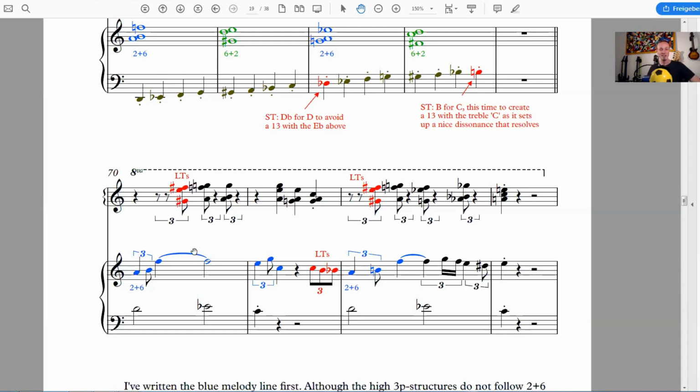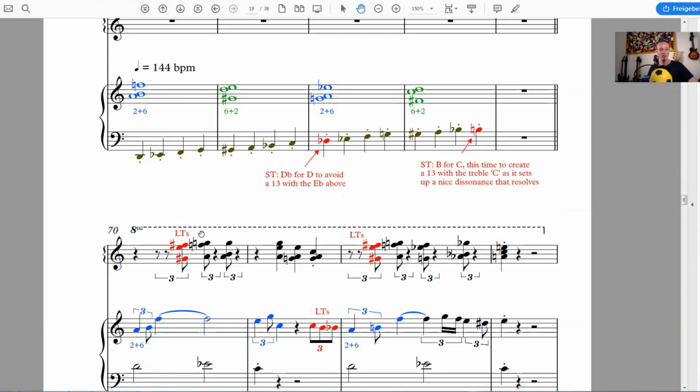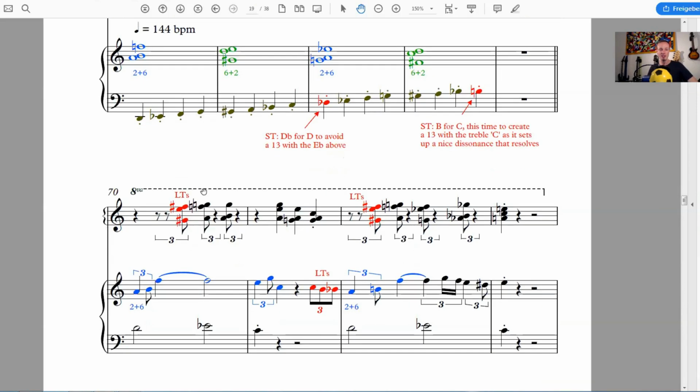So, that being said, let me talk about these structures here above. Those are not really 2 plus 6 or 6 plus 2 structures, but the funny thing is they are close to chord structures. You still remember this was all based on a G root tone.